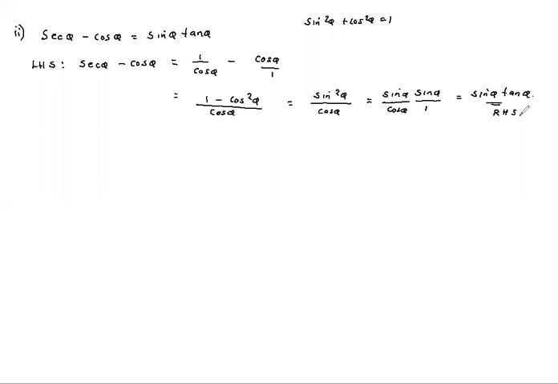Hello? I have a question. It says prove the identity: cos x over 1 plus sine x, plus 1 plus sine x over cos x, equals to sec x.